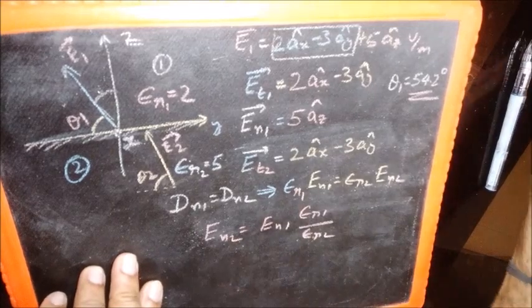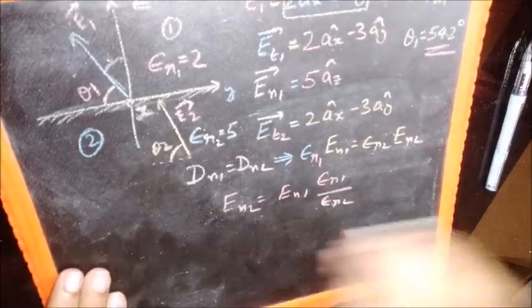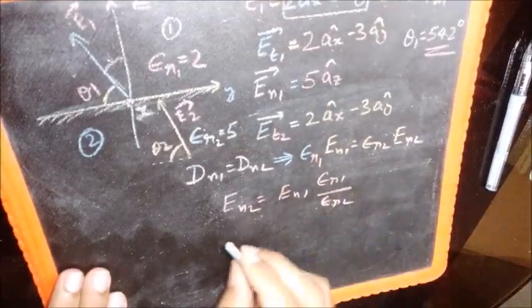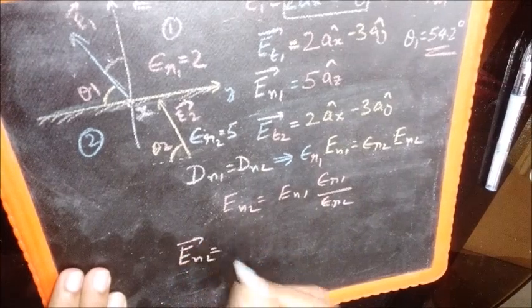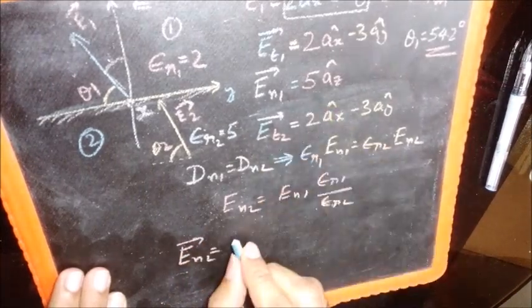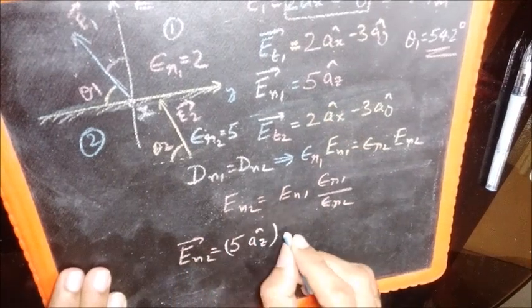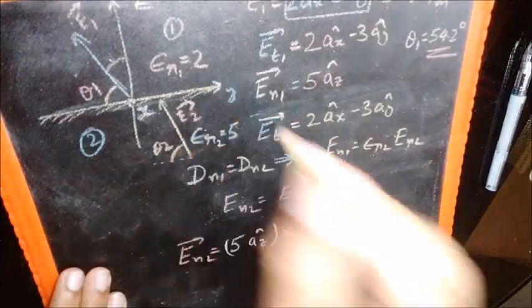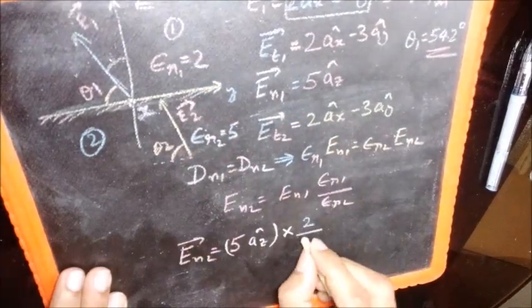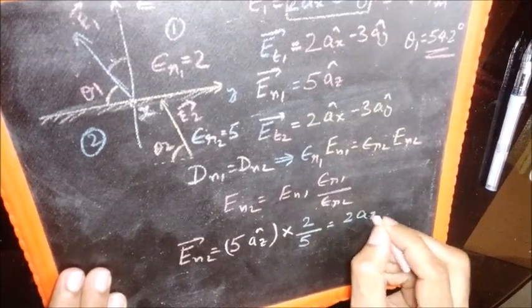So En2 will be En1, which is 5 az cap, into epsilon r1 by epsilon r2. Epsilon r1 is 2, epsilon r2 is 5. So that gives us 2 az cap.